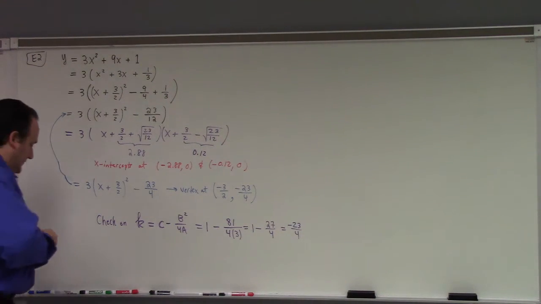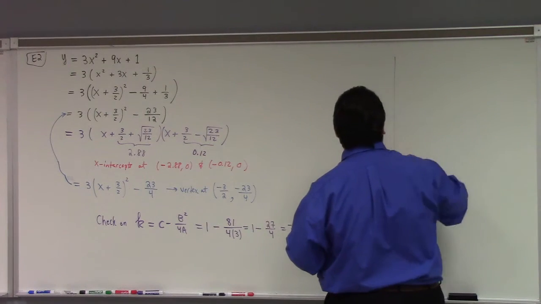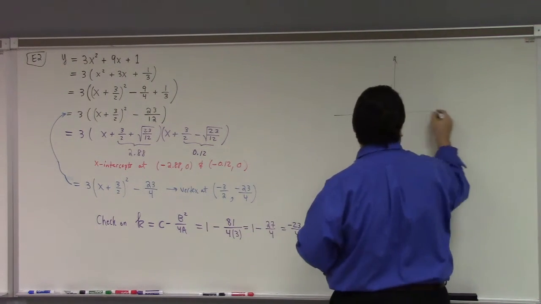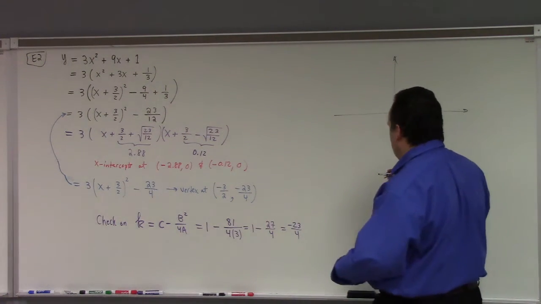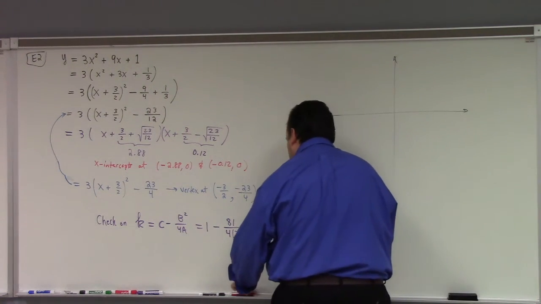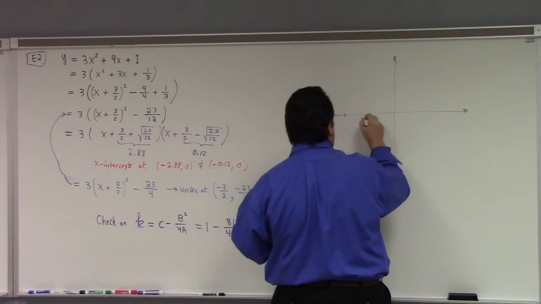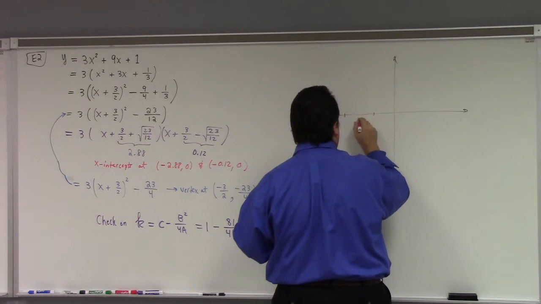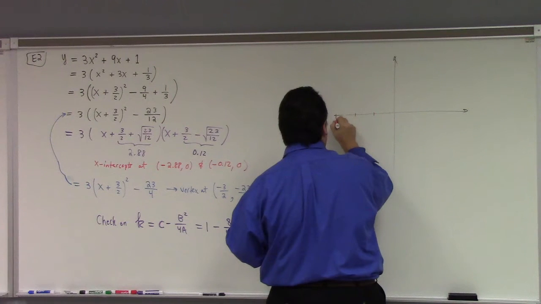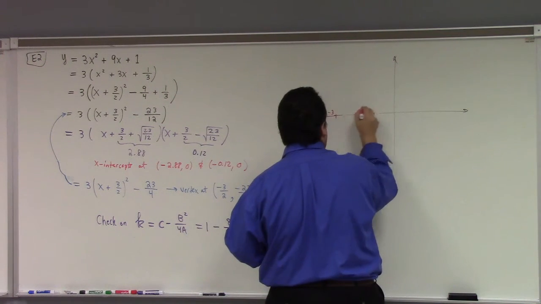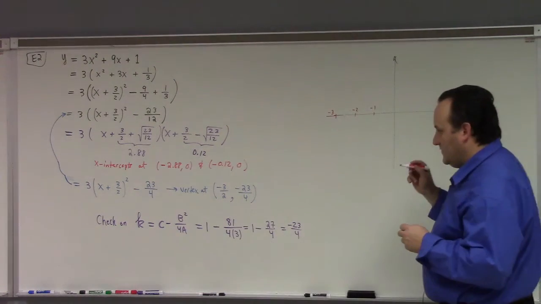So let's do it. Let's graph this thing. The graph looks something like, let's see, so we have X-intercepts at minus 0.1-ish. So let me make this 1, 2, 3. All right, so my X-intercepts are where?